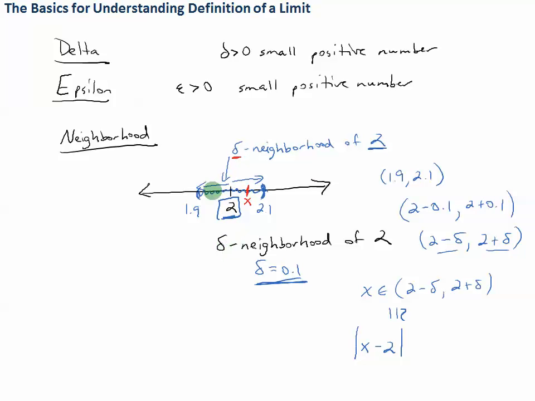Less than 0.1 in this case, no matter what x you choose. If you choose this x, the distance between x and 2 would be less than delta. Well, the way to measure a distance is by taking the absolute value of the difference. X minus 2 is going to tell you how far apart those two things are. Absolute values are going to make sure that's a positive distance. So the distance between x and 2 would be less than delta. So if x is in the neighborhood, it could be written like this, an element of the set, or it could be written using absolute values. Those are equivalent to one another.